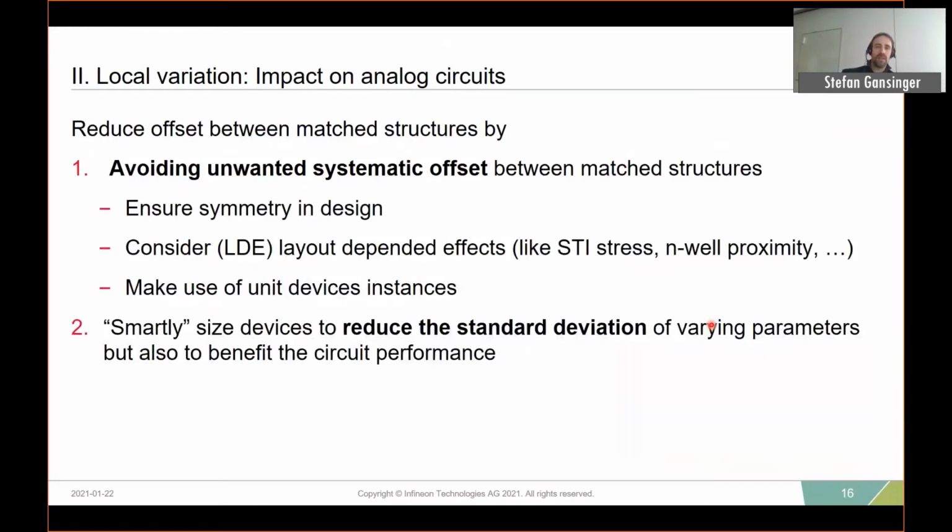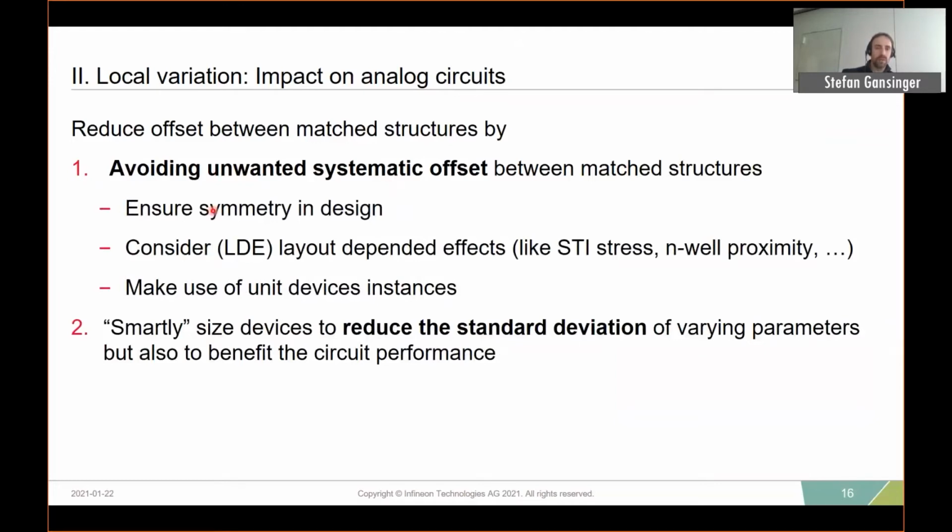I would distinguish two measures. First, we want to avoid unwanted systematic offset. So by accident, although we want to have matching devices, we are introducing unwanted offsets already in the design or in the layout. What do we need to do here?